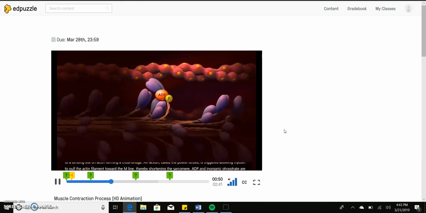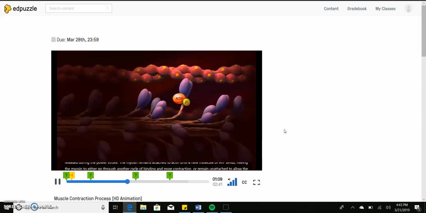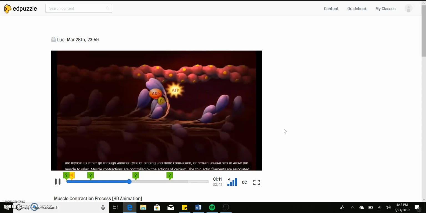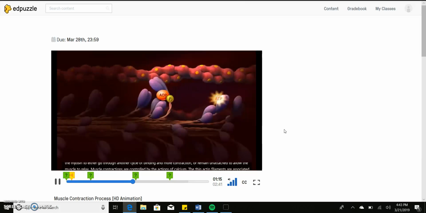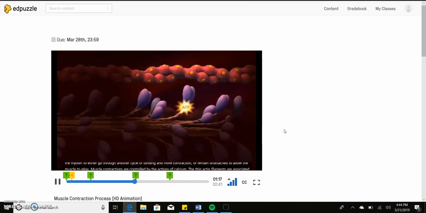An action called the power stroke is triggered, allowing myosin to pull the actin filament toward the M line, thereby shortening the sarcomere. ADP and inorganic phosphate are released during the power stroke. The myosin remains attached to actin until a new molecule of ATP binds, freeing the myosin to either go through another cycle of binding and more contraction or remain unattached to allow the muscle to relax.